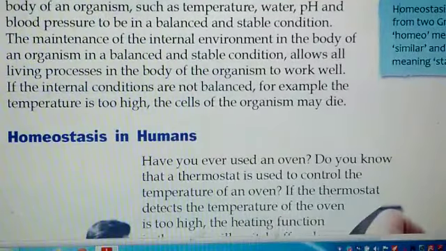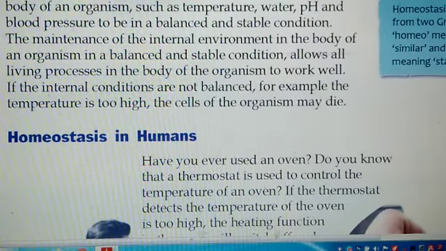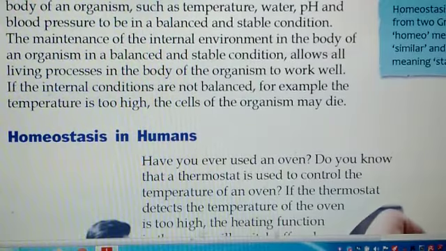So this is the situation, and this is the reason behind the process of homeostasis. And not only humans have this homeostasis, but all living organisms have their own homeostasis, because in order to survive in this environment, homeostasis must occur in our body.